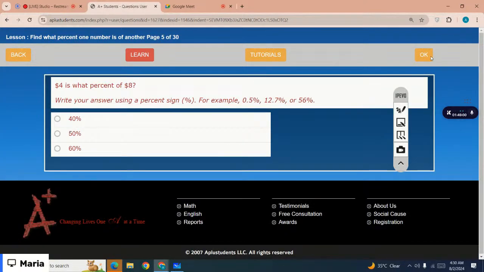Okay, $4 is what percent of $8? So which is the correct option?